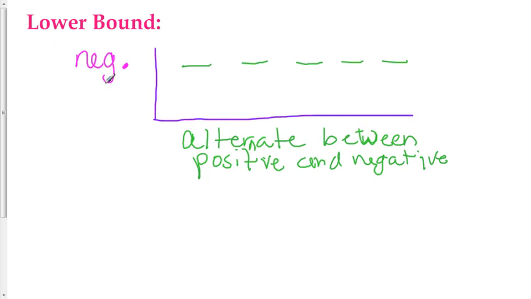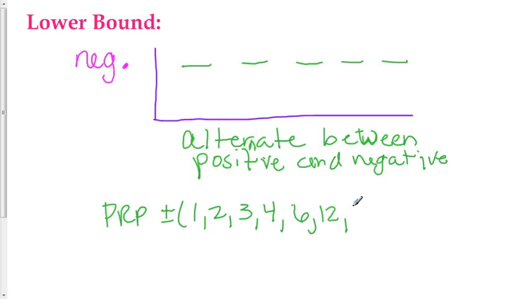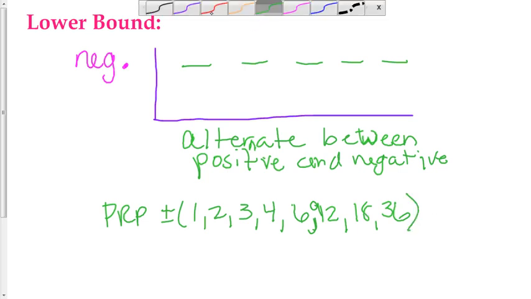outside of here. So let's say you had some possible rational roots of plus and minus 1, 2, 3, 4, 6, and 12, and 18, and 36, and 9. Say those are all of your possible rational roots.